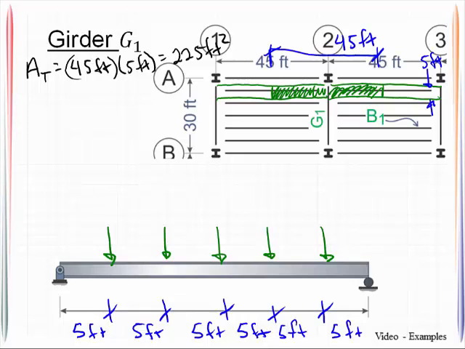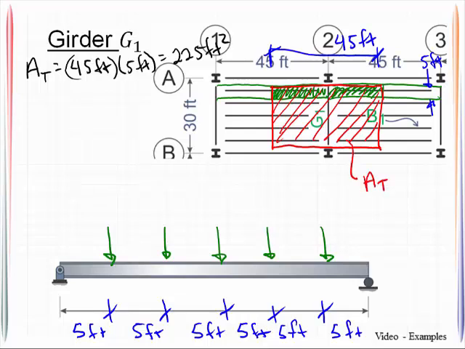Now this is on a per beam basis. What we need to do is look at what total area is going to the girder. And so you'll notice that we have 5 locations where those beams are coming down. This is for the one beam, but for all of those beams, this is going to be your total.